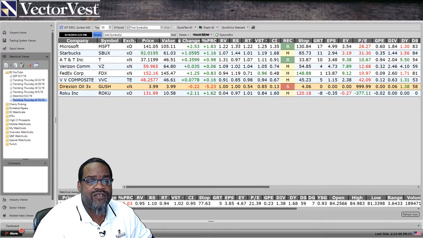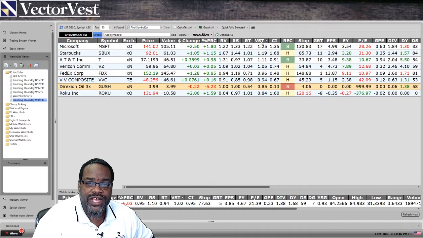Relative timing, relative safety, relative value and VST are all VectorVest proprietary indicators. These indicators are also cast on a scale between 0 and 2. We make it easy. If the indicator is above the value of 1, it's favorable. If it's below the value of 1, it's unfavorable.